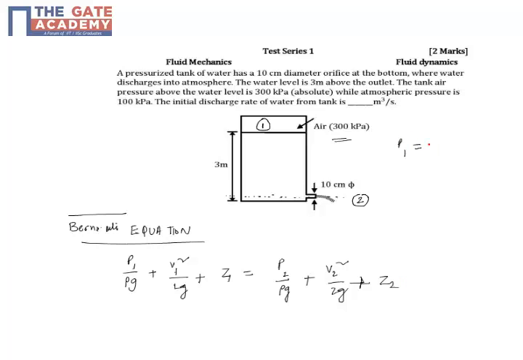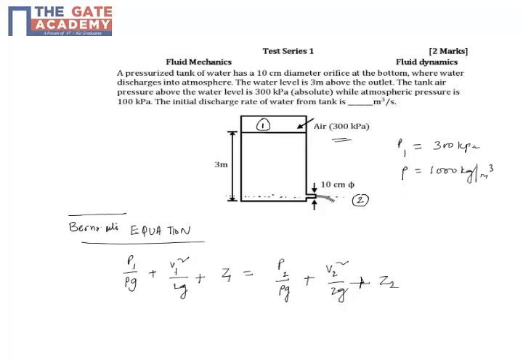Now coming to the values, let me write them down. P1 is absolute, so all my pressures will be absolute, so 300 kPa. Rho is water density, which is 1000 kg per meter cube. That is something which you should know, because most of the time it may not be given in the problem, like here.